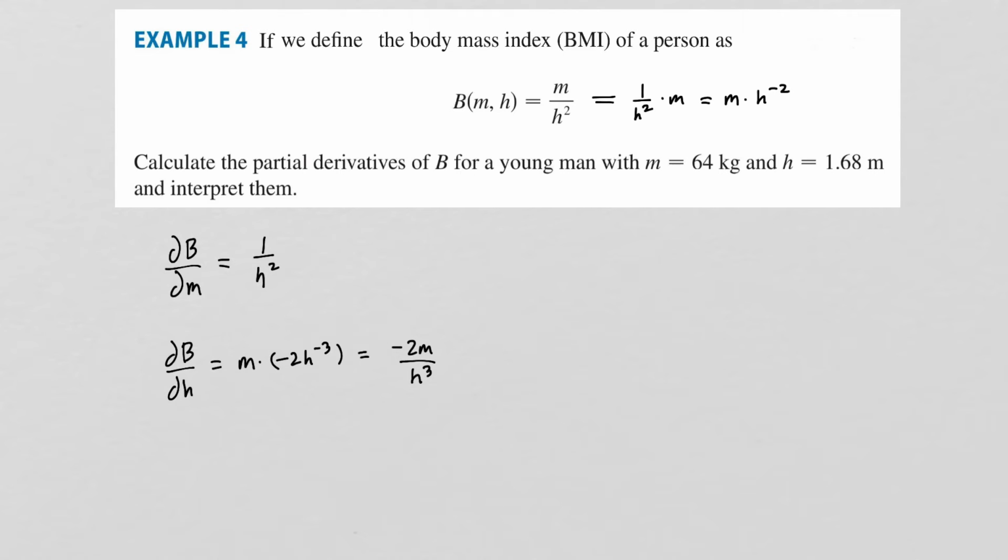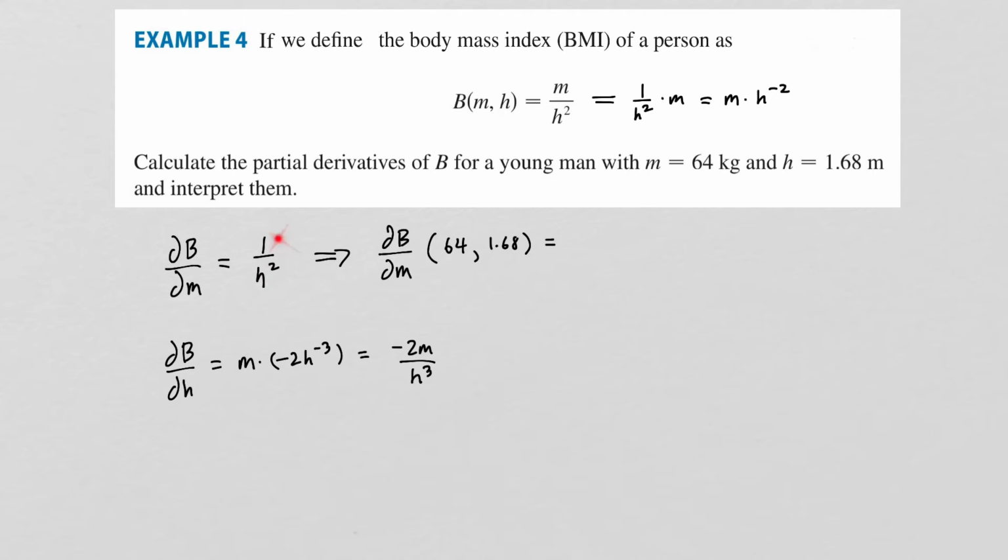Now let's talk about the meaning of the partial derivative of B with respect to M evaluated for a young man with a mass of 64 kilograms and a height of 1.68 meters. So to do this, we have to plug in M equals 64 and h equals 1.68 into our partial derivative.